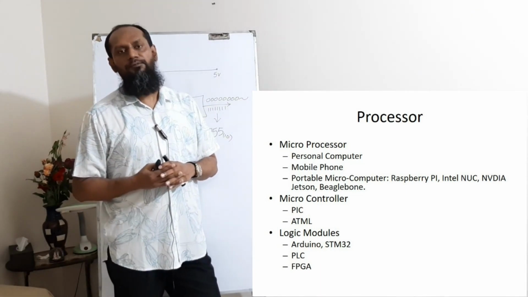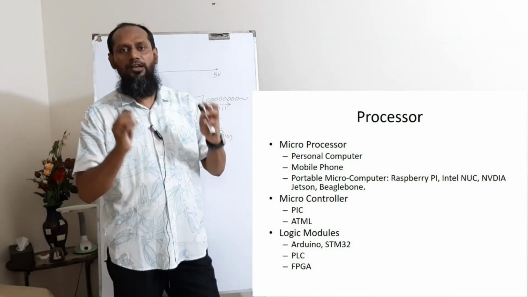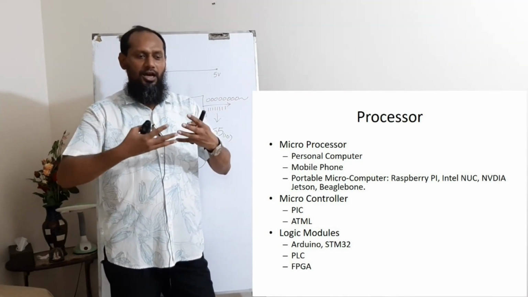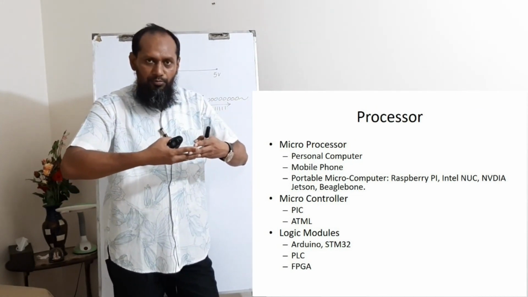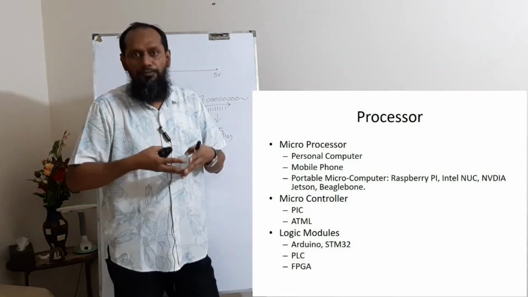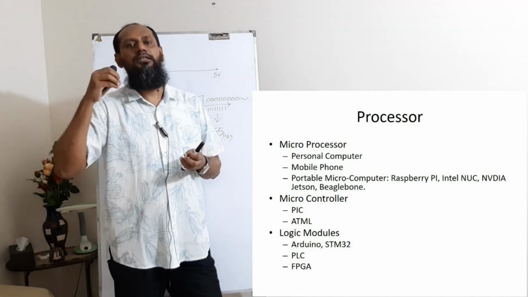Another one is FPGA. We are going to have a lecture on it. FPGA, field programmable gate array, is an open electronic circuit chip where we can design our own digital logic circuit.